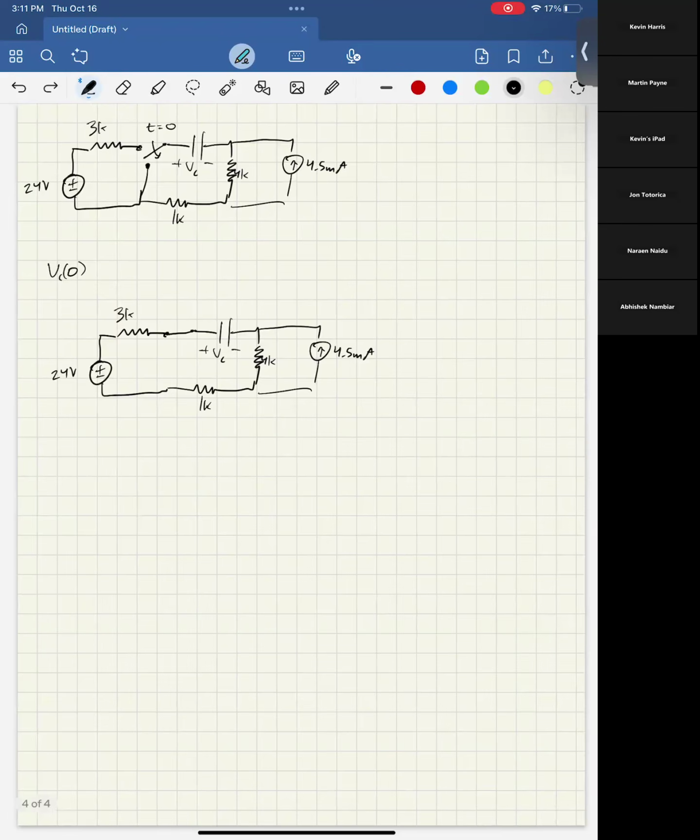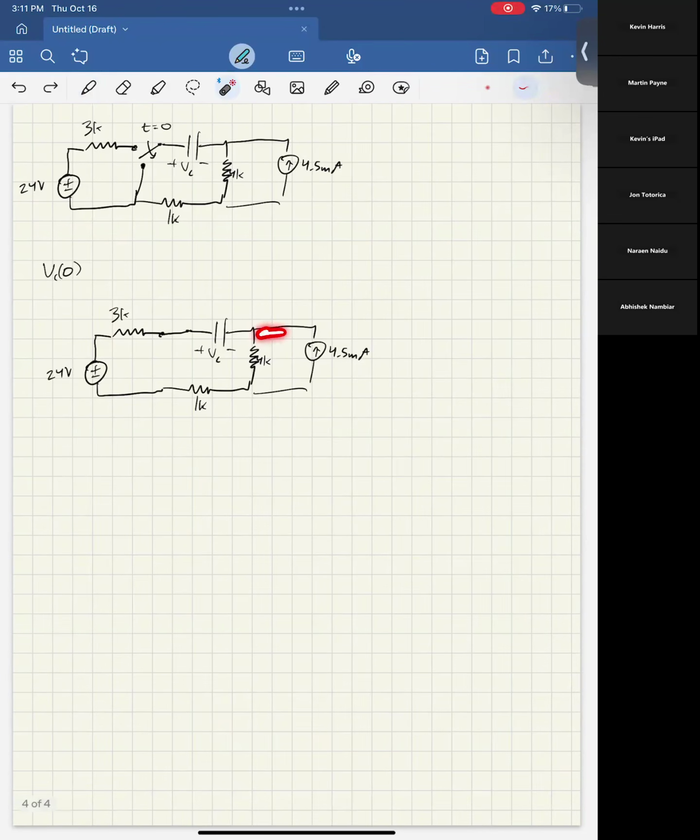But for me, if you have some current going out this way and some current going in this way, all the current has to go through here. So the voltage difference between here and here is just V equals IR for this current source and this voltage source. If you wanted to do this the most explicit way, you have to label some node as ground.